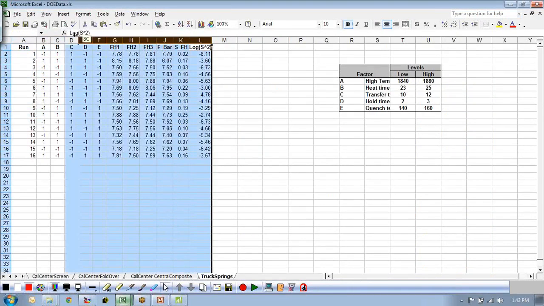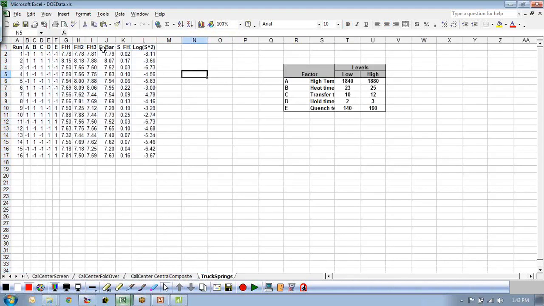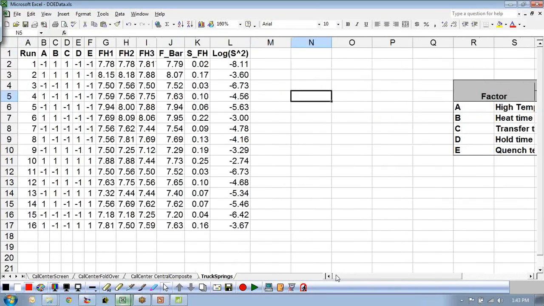Now, what's interesting in here is we often talk about this for another course, but DOE can be used to optimize any sort of response. This one, for example, could be used to optimize. You can imagine with springs that are vibrating around, not only do you want the average height to be the same, maybe you want the standard deviation to be the same.